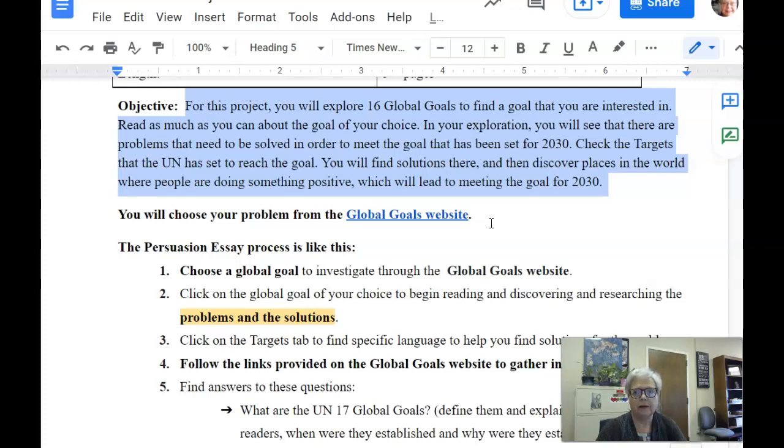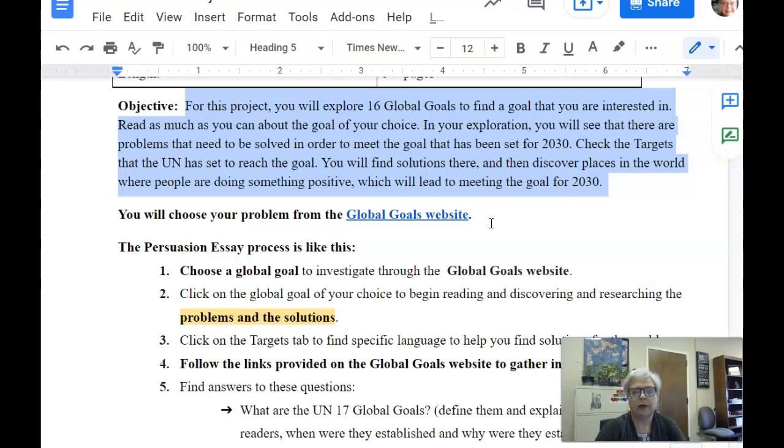How do we know that poverty is a real problem that we need to be concerned about? Give me some facts and figures and things. So that's where your research is going to come in. And also the solutions. Well, the United Nations has already determined through their targets what kind of solutions would work to help meet the goal.